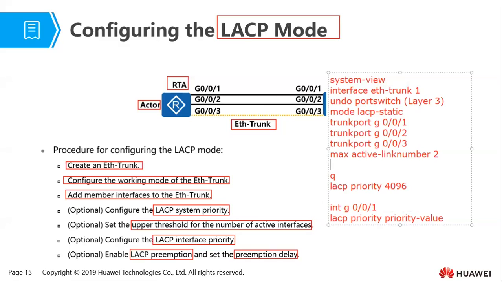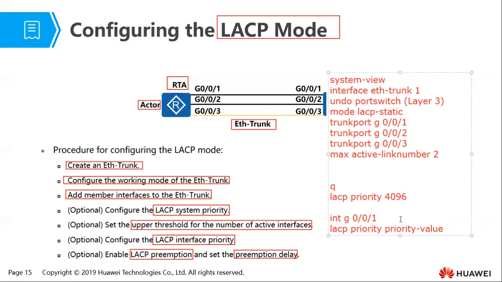Okay, so the other thing we can configure lastly is the preemption. The preemption should also be enabled in the Ethernet trunk. In the Ethernet trunk, you enable it using the command lacp preempt enable.